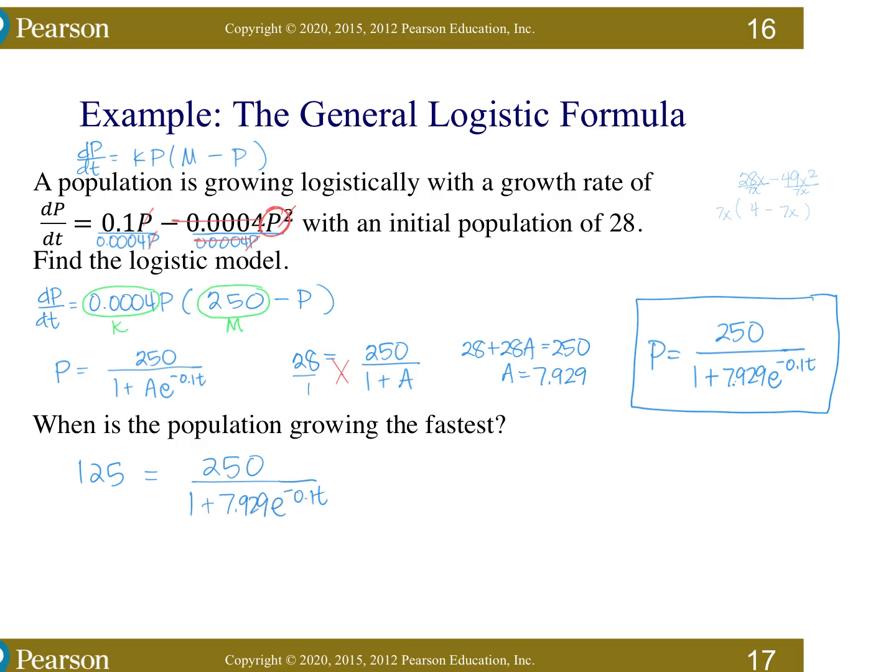You can do that a couple ways. You can graph this, and you could see the graph that goes up like this and gets to 250. So it's going to get up to 250. You could throw a graph on that's going to cross at 125. Y equals 125. And you could do a calculate intersect on your calculator.